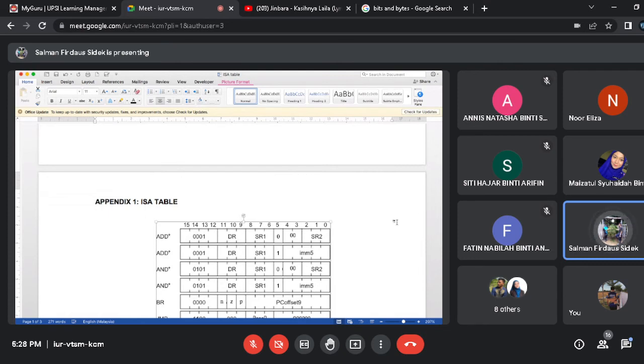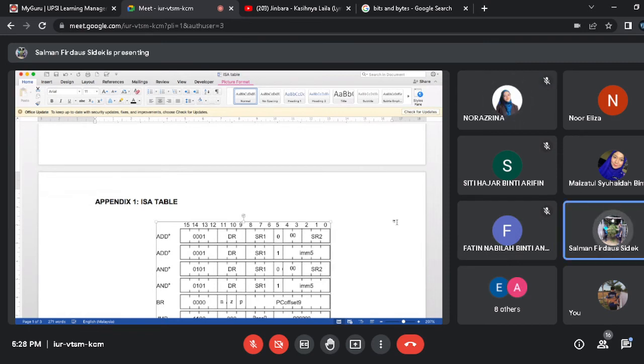The instruction is 0001, and then 001, and then 010, and then 000, and then 100. Dapat tak? Sempat tulis? Lagi sekali, sir.